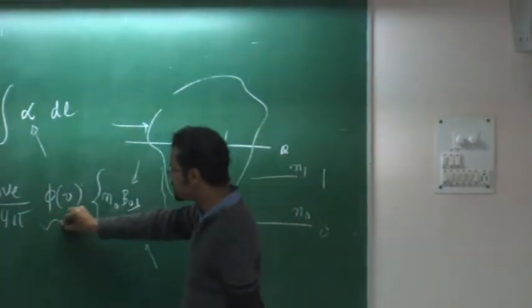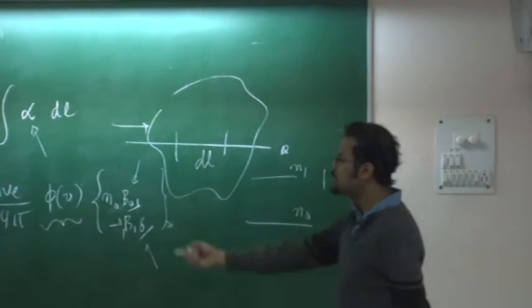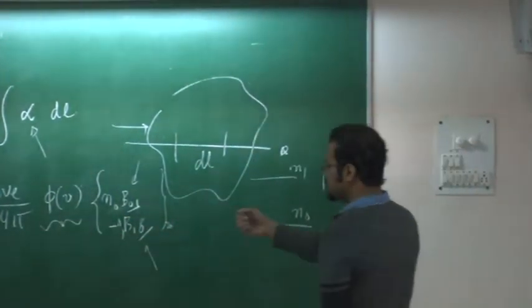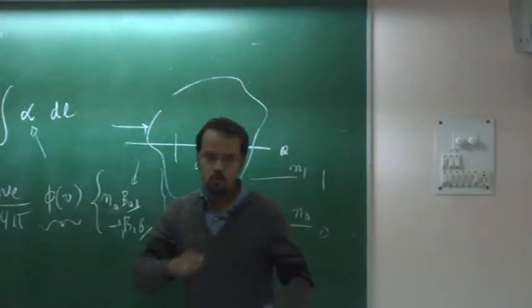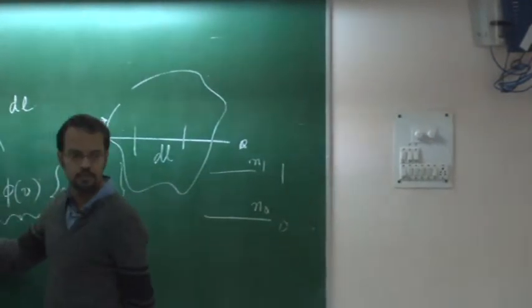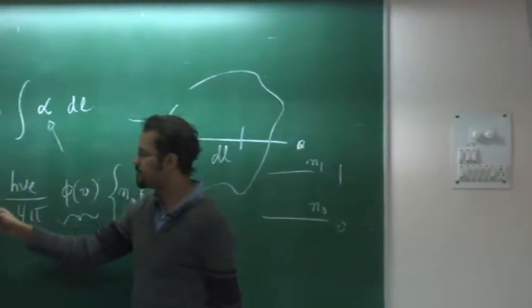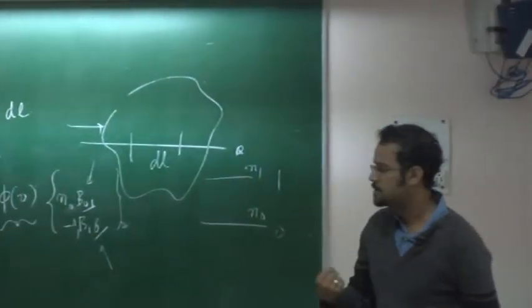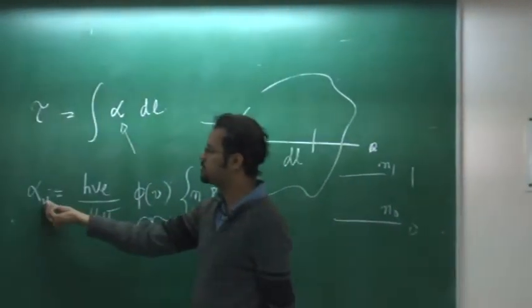And what is this? This is called a line profile function, which is essentially going to tell you what frequencies alpha is sensitive to. Alpha is a sensitive function of frequency, which means it talks about absorption of certain frequencies.